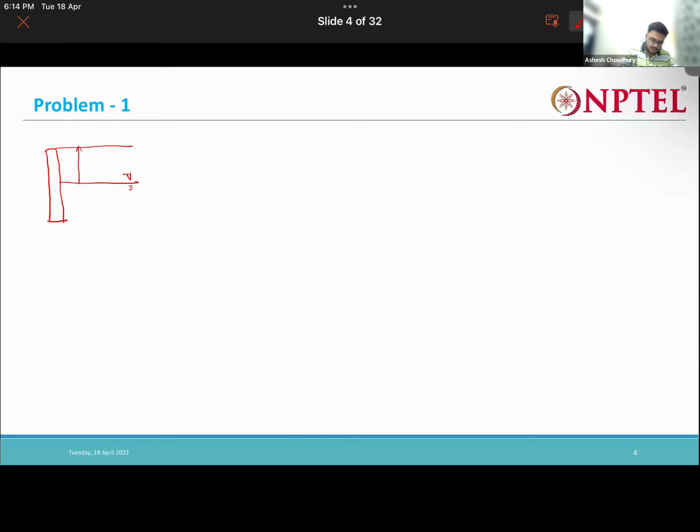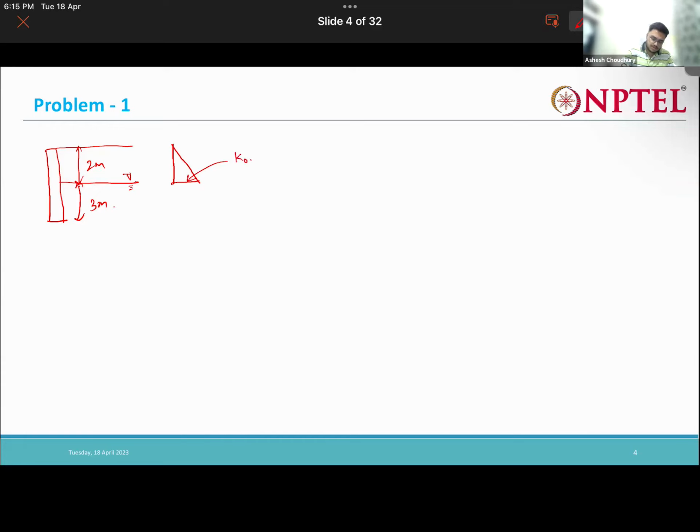Here we have 2 meters. From here to here, what will this be?